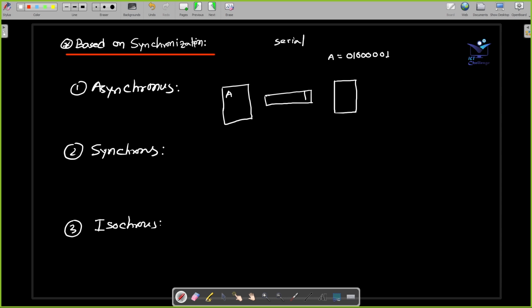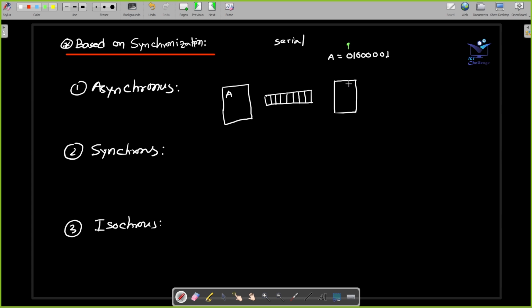If I draw a single cell for each of the bits, it looks like 1 2 3 4 5 6 7 8. Here are 8 cells in this path. Now we are going to start to transfer this data using this 0.